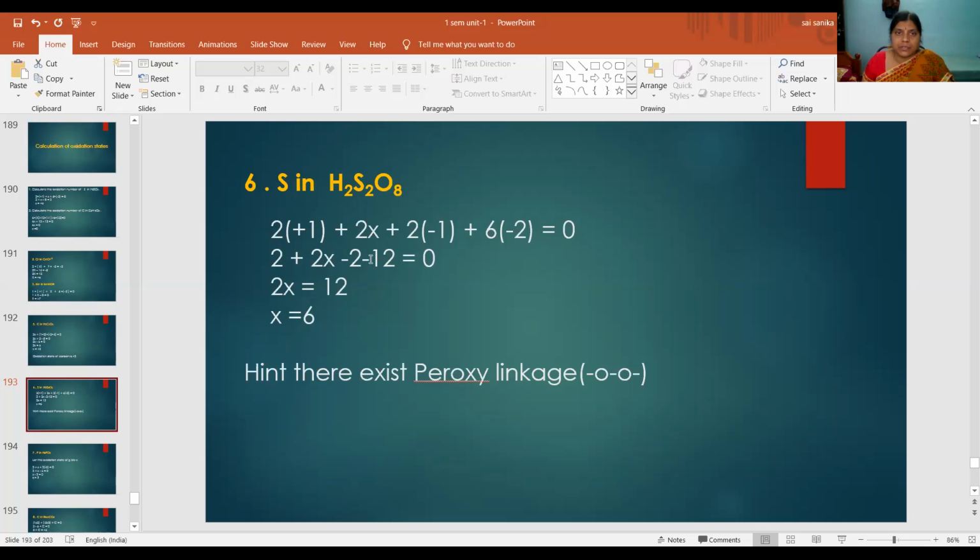So the oxidation state of sulfur in the H2S2O8 molecule is plus 6. Peroxy linkage means 2 oxygens will be with peroxy linkage, O-O, so 2 into -1, and the remaining with oxygen bond, 6 into -2.